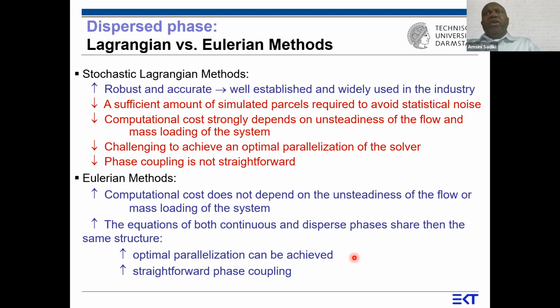If we compare the stochastic Lagrangian method and the Eulerian method, in which the particulate phase is also described by an Eulerian method, we see that the Lagrangian is robust and accurate, as we can follow the process along the trajectory of the particle and also monitor its influence on the particle and the feedback of the particle on the flow field.